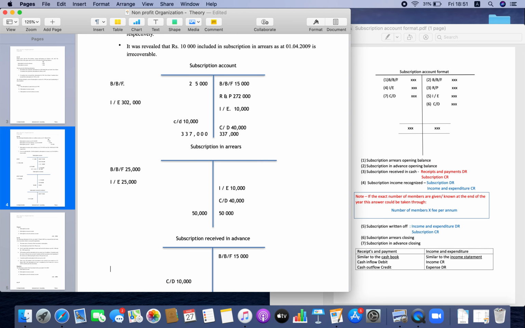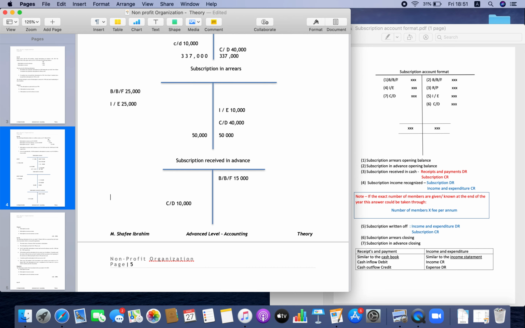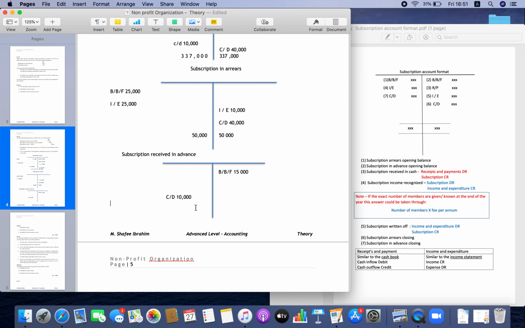So again, how did we get 25,000? We totaled up the credit side and got 50. From the 50 we subtracted 25 and we got the missing figure of 25,000. Then close the advance account also. Again, we have the same issue: the credit side is much bigger than the debit side. So what you should do is take your total, which over here will be 15,000.